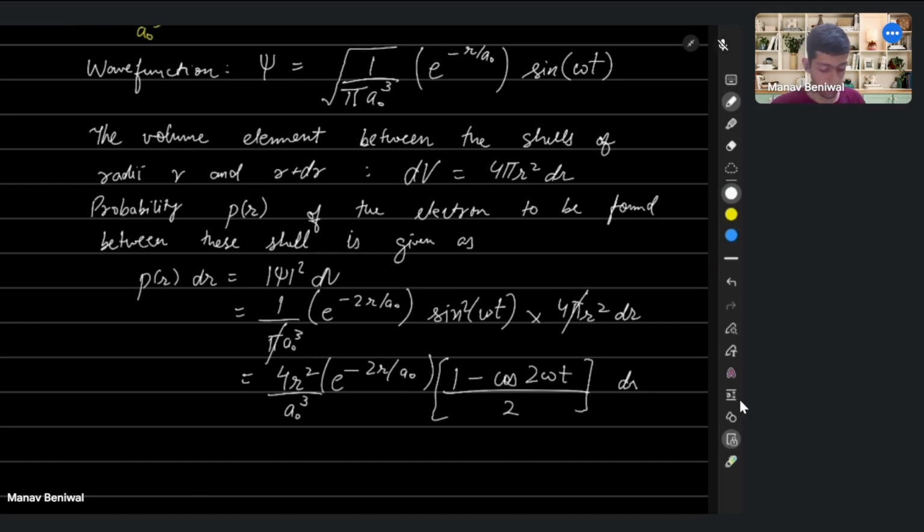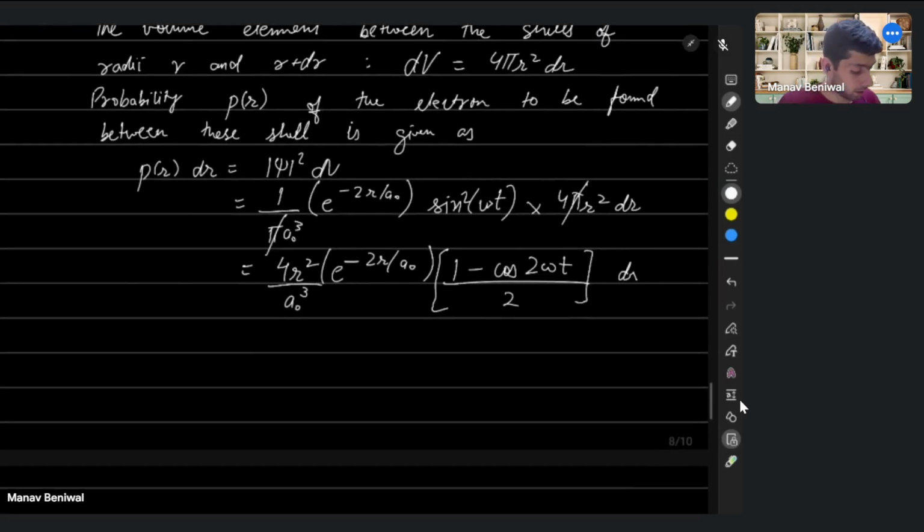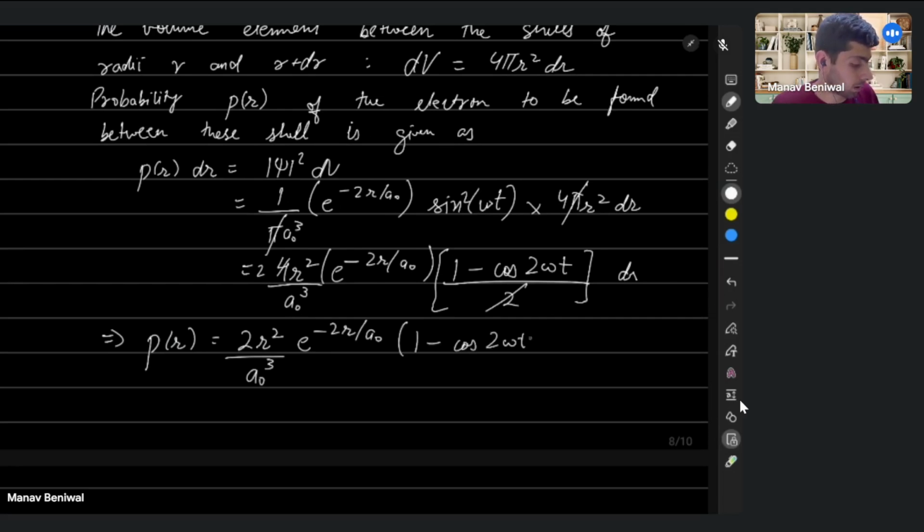Yes, we have one dr. Therefore we can write P of r, so this 2 will cancel out with 4, it will give us 2, so then this becomes 2 r squared by a naught cube e to the minus 2r by a naught, and 1 minus cos 2 omega t.